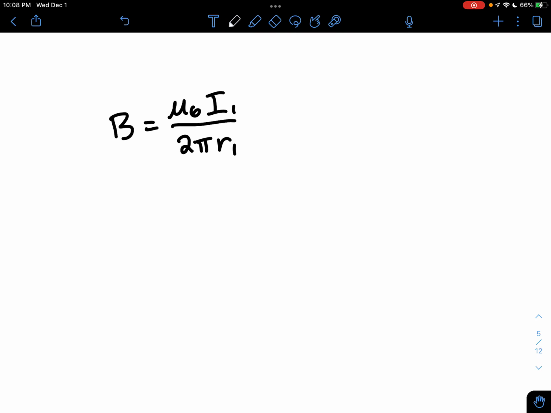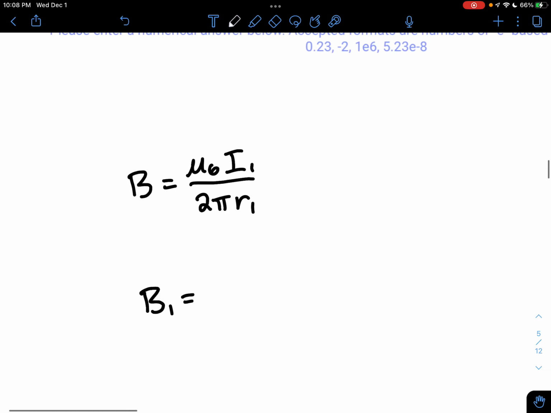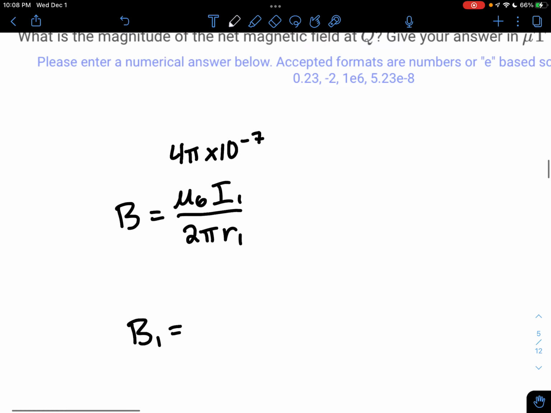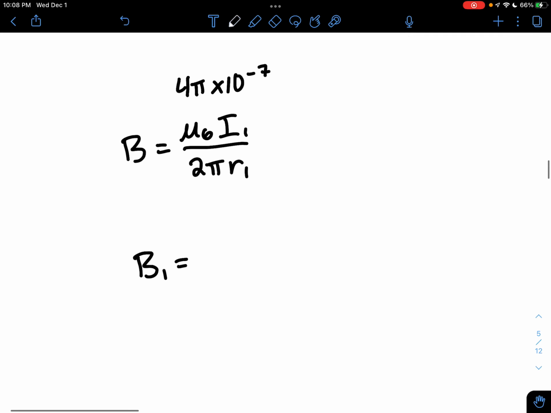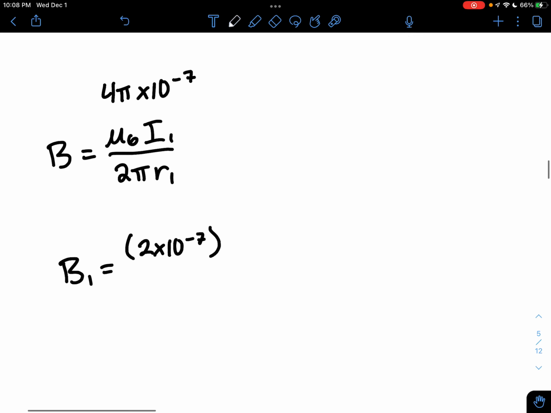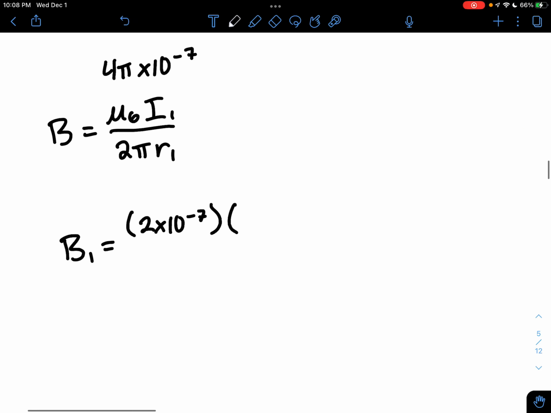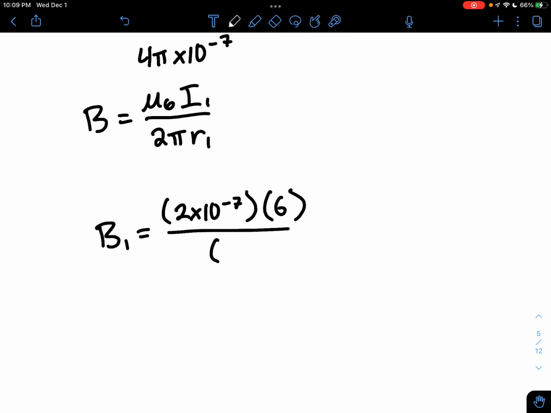Our mu naught is 4 pi times 10 to the negative 7th. I'm just going to cancel that out, divide by the 2 pi already, so I'm just going to simplify it to 2 times 10 to the negative 7th times our current, which is 6, over R1, which we said was 0.5 meters.